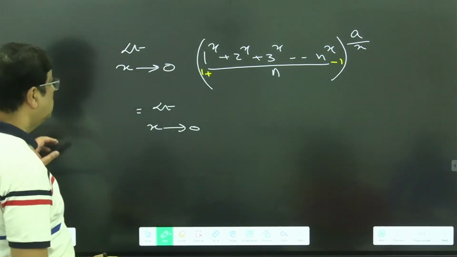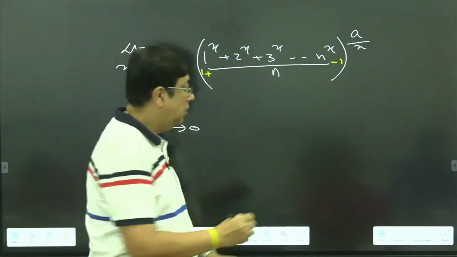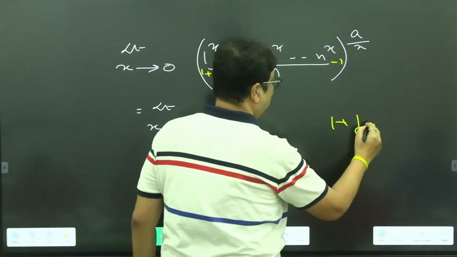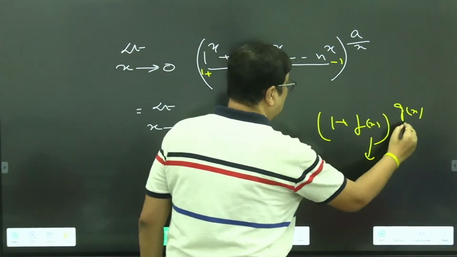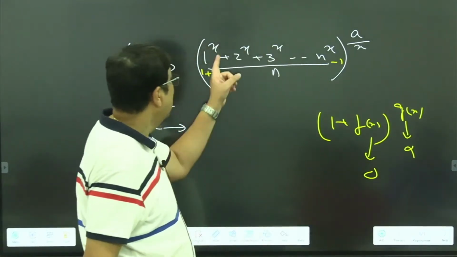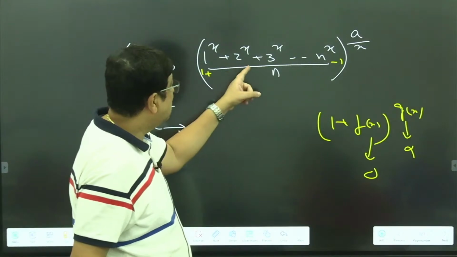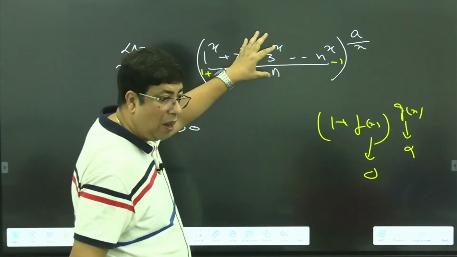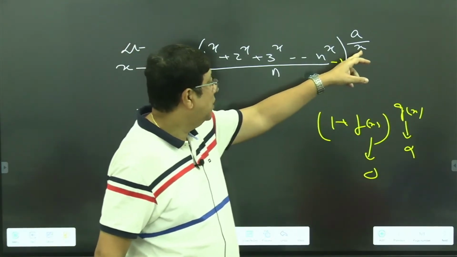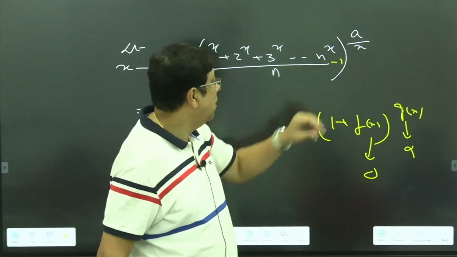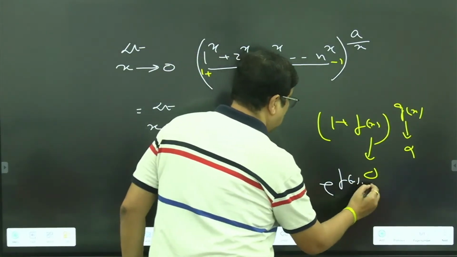So it is of the form (1 plus f(x)) whole to the power g(x), where f(x) tends to 0 and g(x) tends to infinity. Look carefully, this portion is f(x). f(x) tends to 0 because this is n by n equals 1, and 1 minus 1 is 0. And g(x) is here, x, so this g(x) tends to infinity. So we can apply e to the power f(x) into g(x).